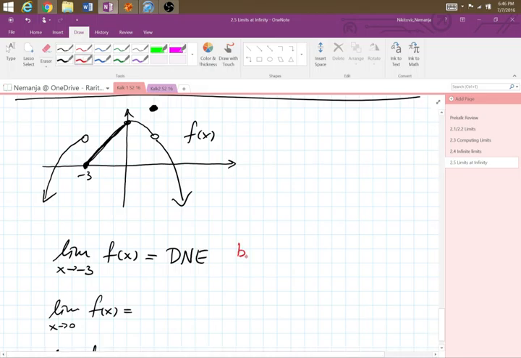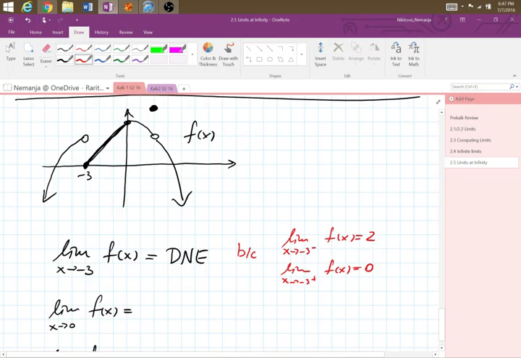So I'm just going to say, because the limit as x approaches -3 from the left, which is -3 minus, of the function is going to be 2, and the limit as x approaches -3 plus from the right, f of x is 0. They do not agree, so by that important theorem from last class, left limit and right limit do not agree, therefore there is no limit.